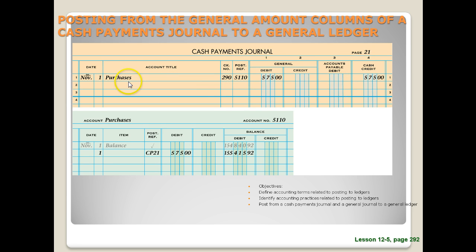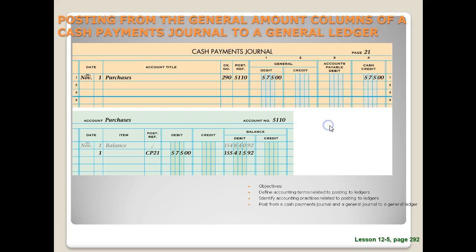That $500 would get posted to Alfredo Lopez's account. However, accounts payable, because remember, this is a controlling account, it does not get posted to accounts payable until the end of the month, after we've totaled this column, and it's the total that we post. So we will post each individual vendor in the subsidiary ledger, but we only post to accounts payable one time, and it's the total at the end of the month. Okay, so if you don't understand that, ask for clarification.